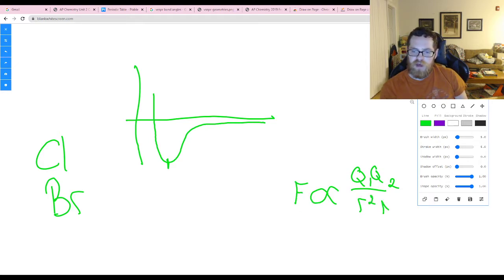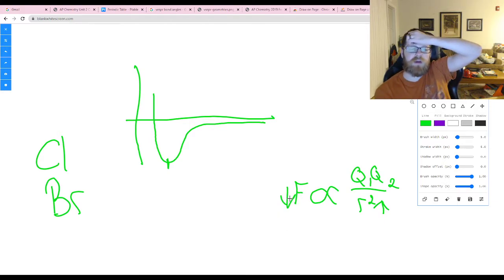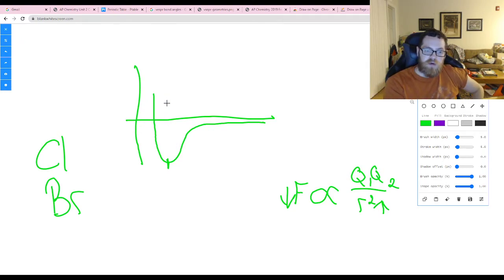If R goes up, the force of the bond goes down, and therefore the force required to break it goes down. So you're going to be looking at something like this, where it is both shifted to the right because it's physically further away, and at the same time higher up because it doesn't have as much energy.